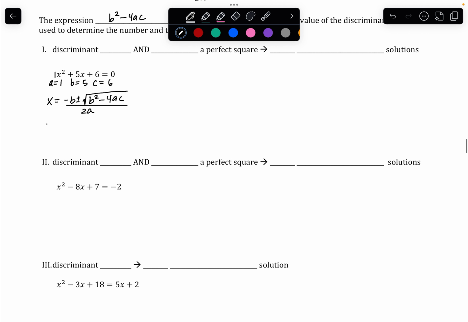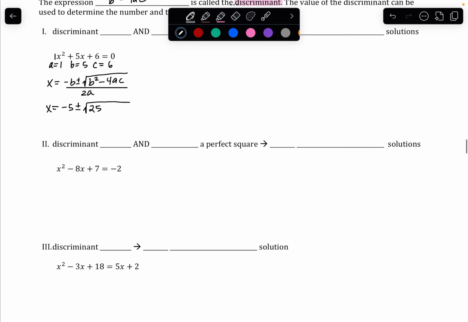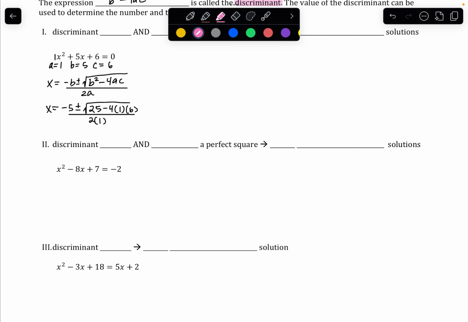The more you write it, the more you'll remember it. Negative b is negative 5 plus or minus b squared would be 25, coming from the 5 squared, minus 4ac, all over 2a. Just plugging in each of these values.